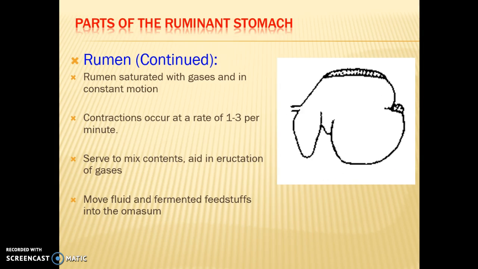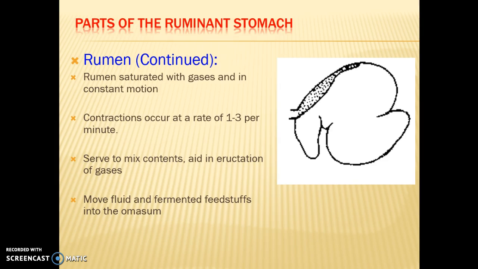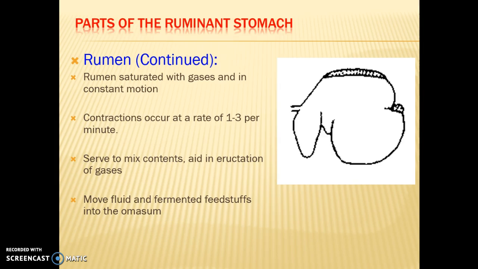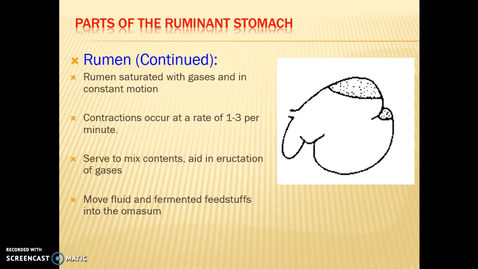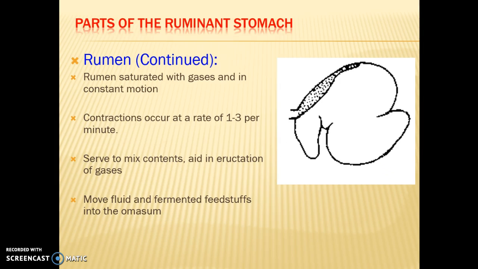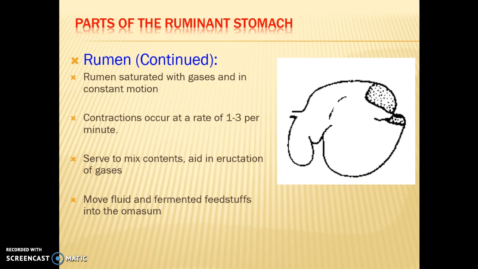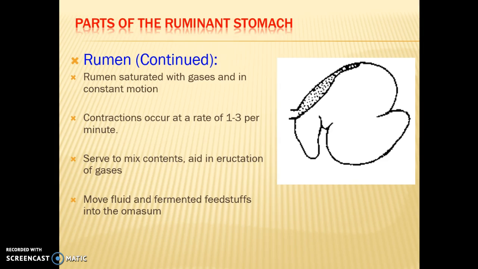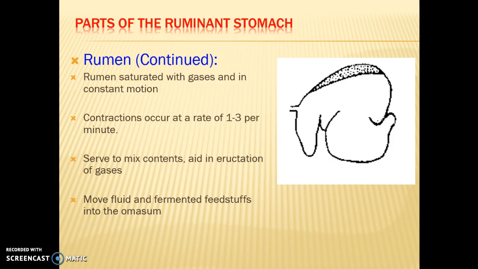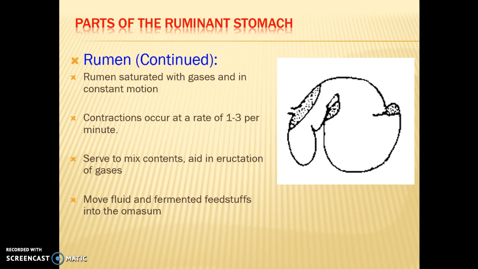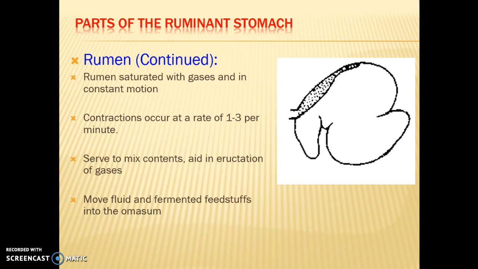This is a very important characteristic in ruminant animals: there is ruminal motility throughout the rumen, and that activity serves to mix the content, aid in eructation of the gases, and move fluid and fermented feedstuff into the next compartment, that is the omasum.